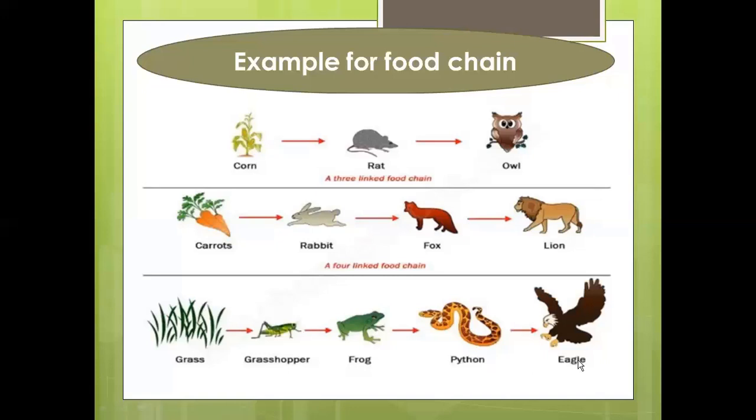So these are examples of food chains that illustrate the energy flow, the transfer of energy from plant to animals, from one organism to another. You can say simple figures, simple pictures, simple forms that illustrate energy flow. These are examples of food chains.